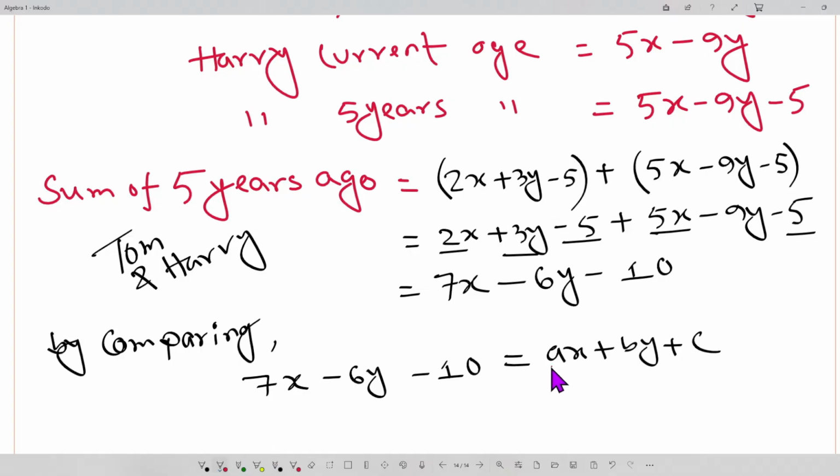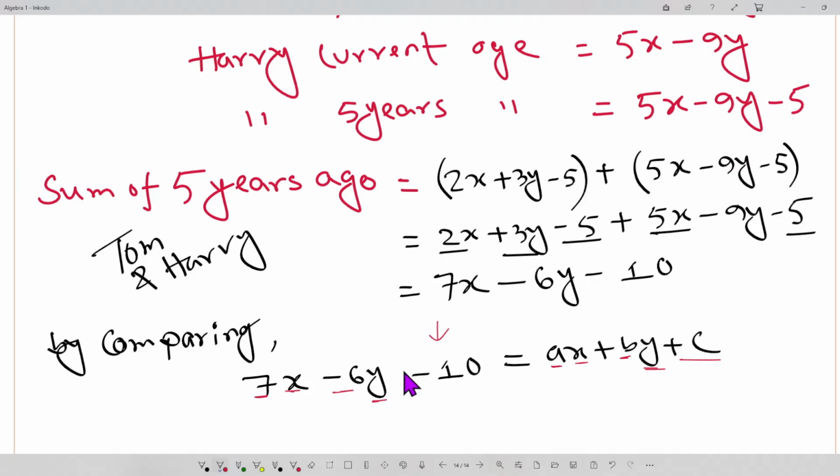Now look, a is the coefficient of x, and here 7 is the coefficient of x; b is the coefficient of y, and minus 6 is the coefficient of y; c is a constant, minus 10 is a constant.